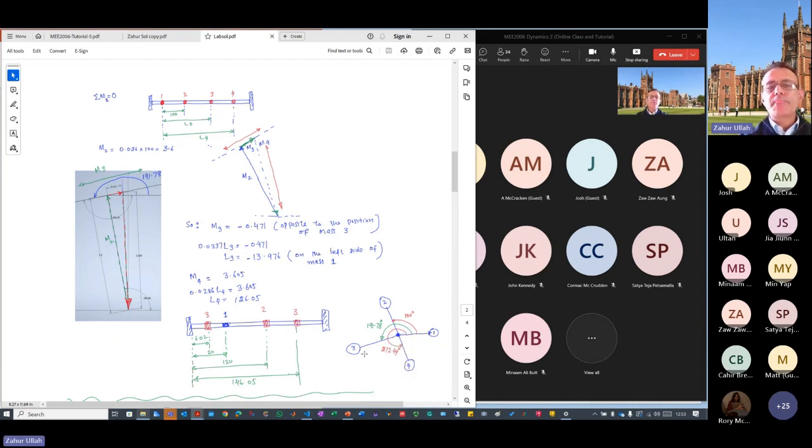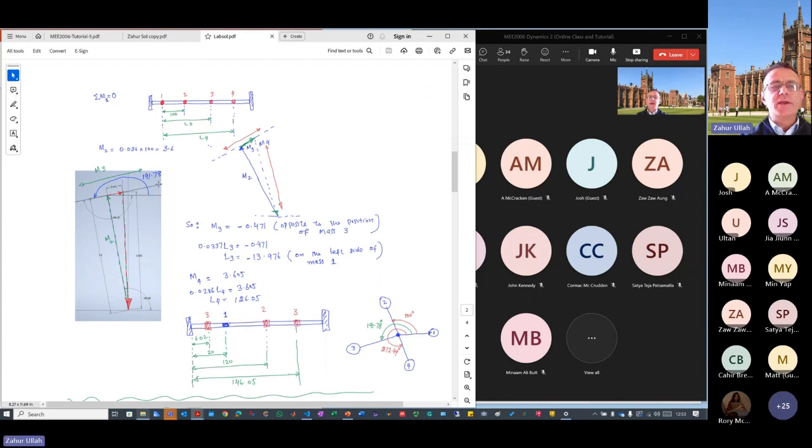So what you can do, you can take this point and draw a line here, at this angle with the horizontal, 191.7. You can see this angle is 191.7, so you just draw this line.